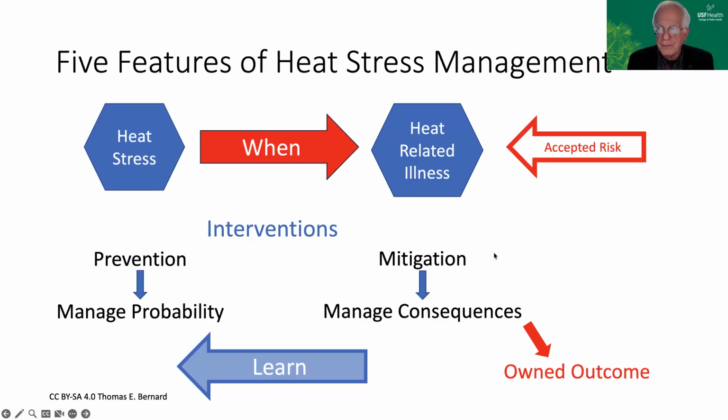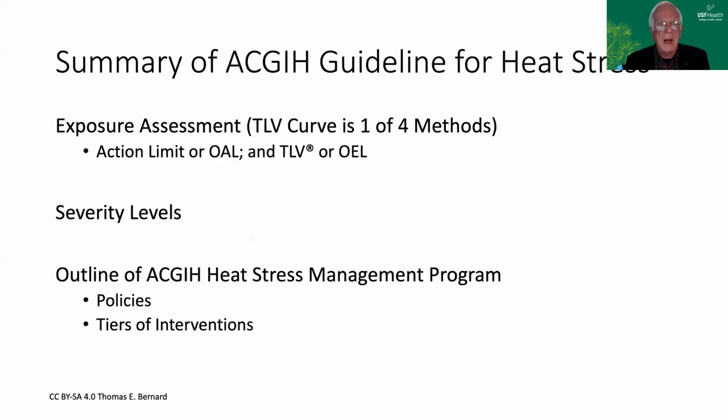That's it. So those are the 5 features that I'd like you to keep in the back of your mind. Just a quick summary of the ACGIH guide: the TLV talks about, the booklet talks about 4 methods of assessing heat stress, and that's continued with a little bit more detail in the guide.